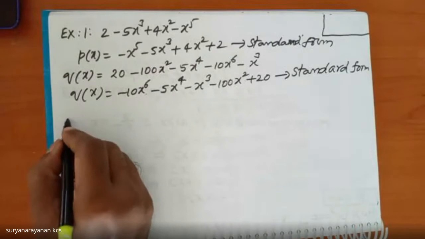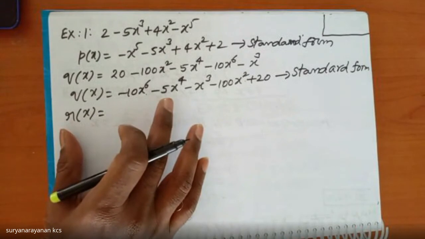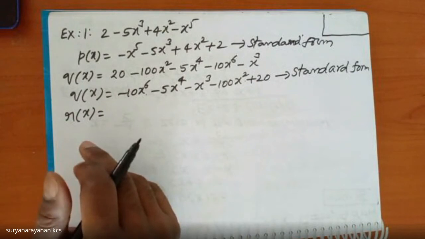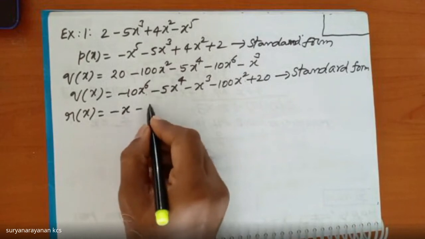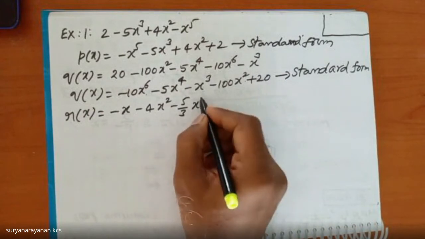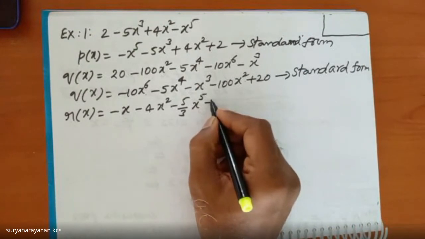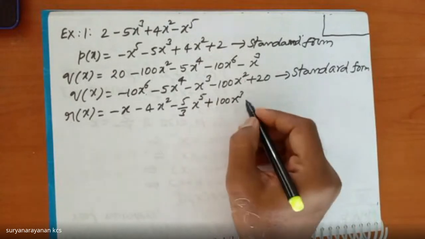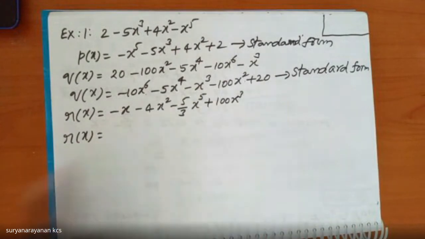I will give another polynomial because these are basic points. Without knowing these basic points, we can't go to the further step. This is the given polynomial.